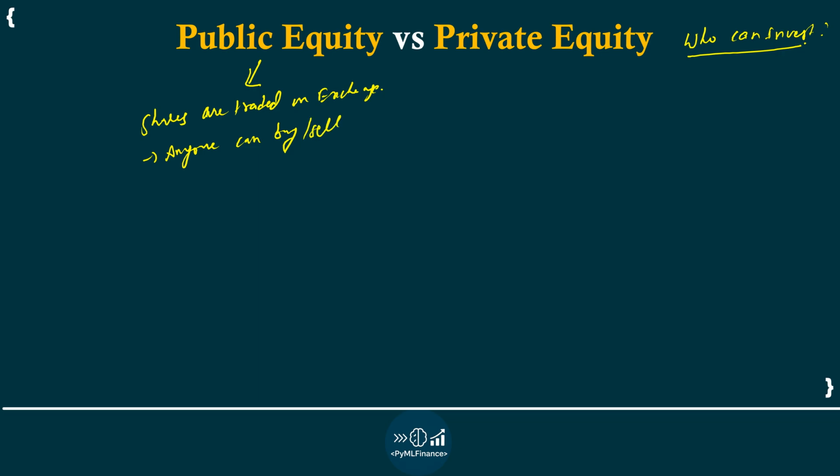Prices are transparent, everyone can see the current price of a particular stock. These are highly liquid, meaning there is always some buyer or seller available in the market. Most retail investors participate in public equity.